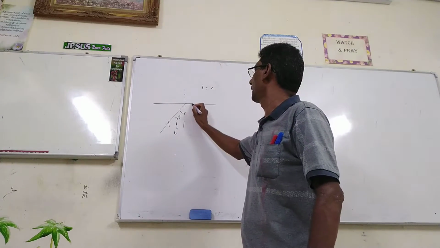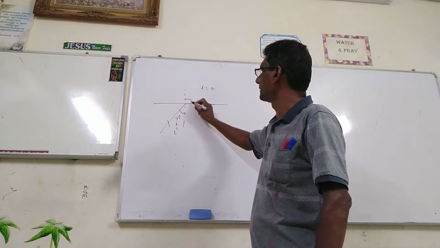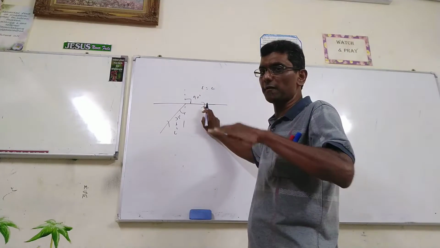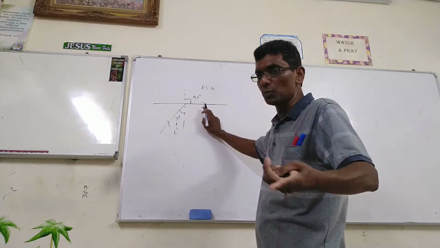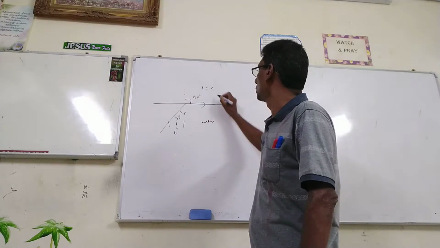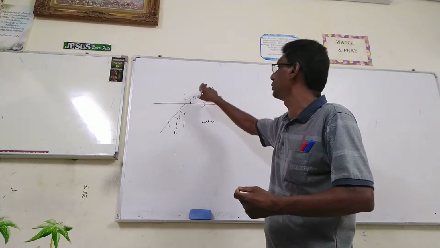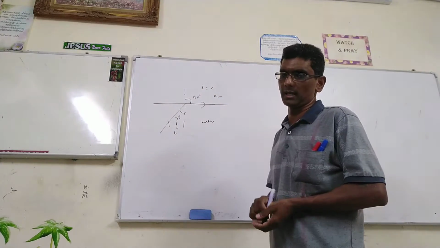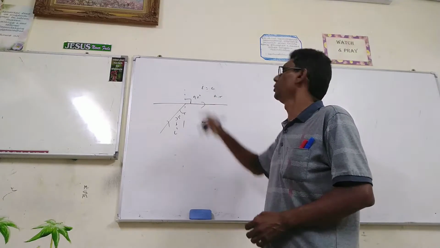The refracted angle is making 90 degrees, so the light ray is refracted along the surface. But one thing you must understand, this must be water to air. The light ray must travel from higher density to lower density.